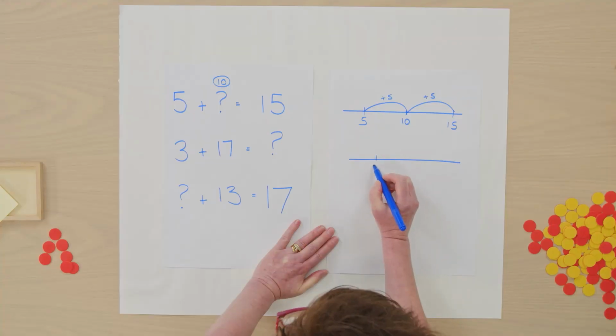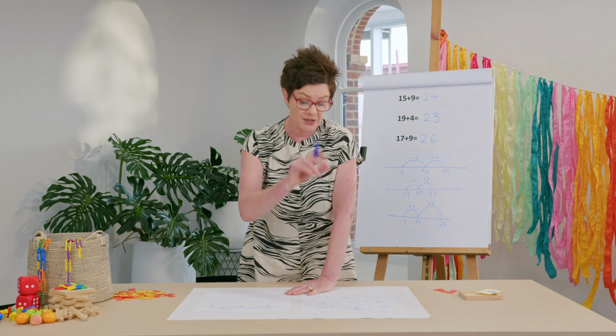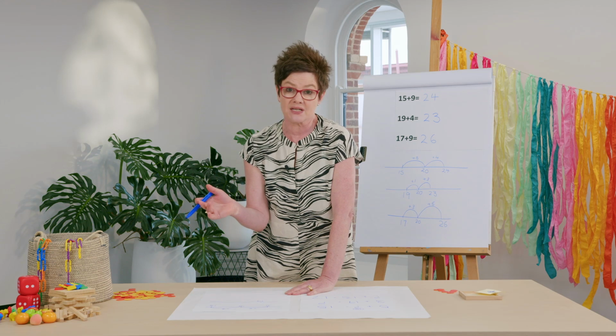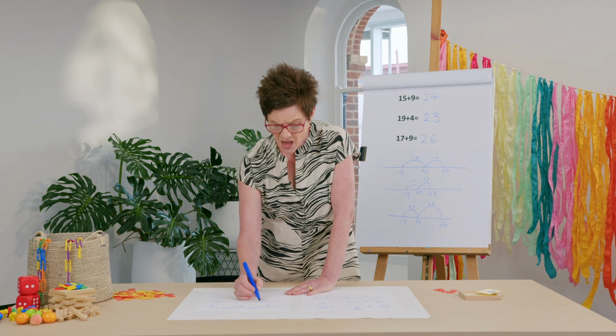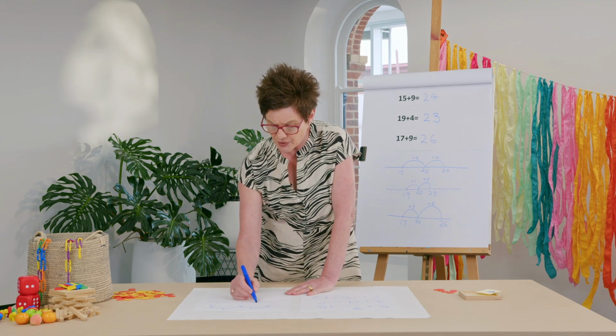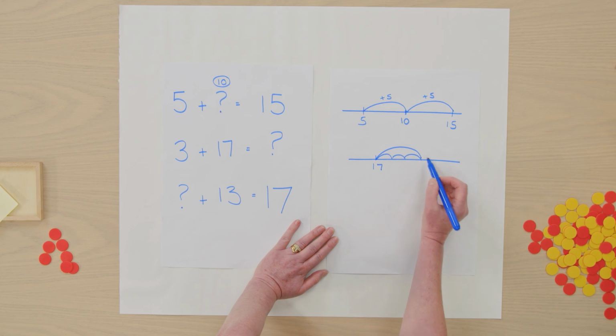So I'm going to start with 17. Remember, it's commutative. 3 plus 17 is the same as 17 plus 3. And I'm going to add 3. So I can jump by 3 ones or a big jump of 3.